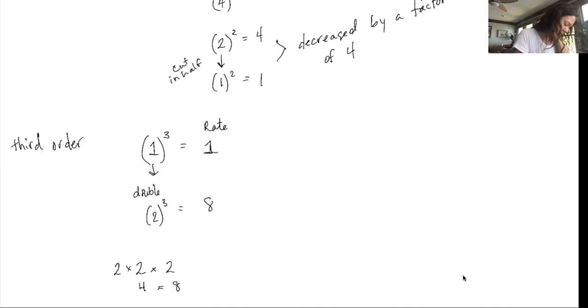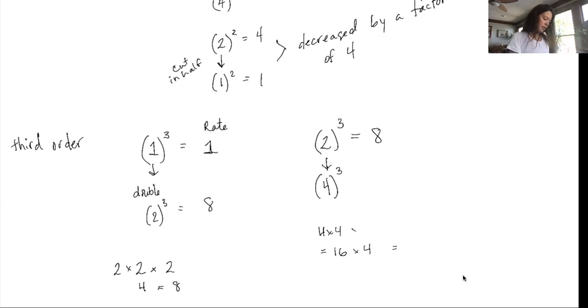Let's do another one and see if my brain goes back. Let's double the 2 cubed to the 4 cubed. 2 times 2 times 2 is 8. Okay. 4 times 4 is what, guys? 16 times 4 equals what? 64. Losing my mind.